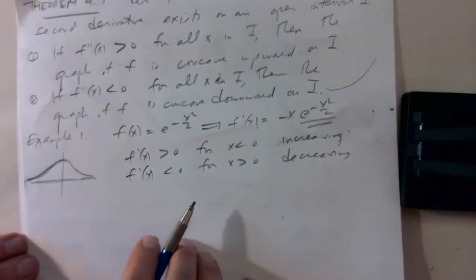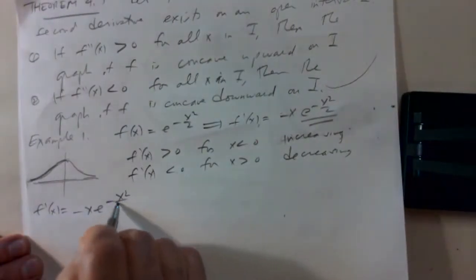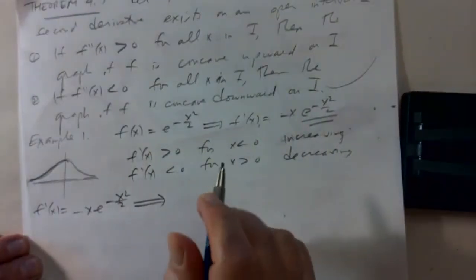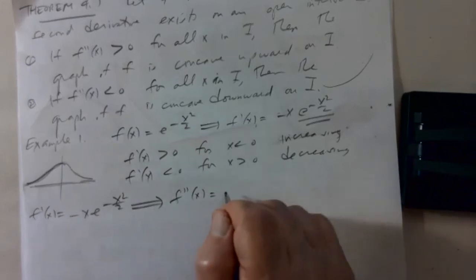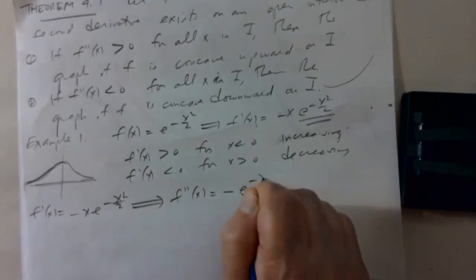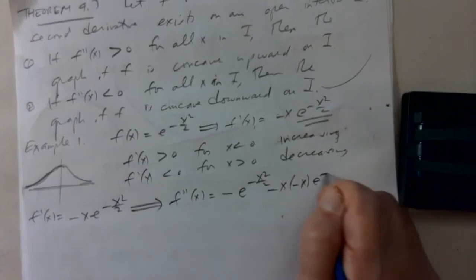What about concavity? Well, let's look at the sign of the second derivative. If f prime of x is minus x e to the minus x squared over 2, when we differentiate that by the product rule, the second derivative is the derivative of minus x, which is minus 1, so this is minus e to the minus x squared over 2, minus x times the derivative of e to the minus x squared over 2, which is minus x e to the minus x squared over 2.